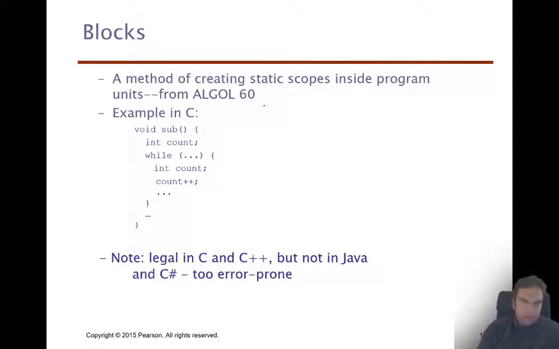Again, to help make these concrete, I kind of jumped ahead. There's this term of a block, and Algol 60, a really old language, introduced this idea, and we've loved it and stuck with it almost ever since, right? The idea of a block is a way of creating a static scope inside of a program. They're a region of code, and they're delimited somehow.